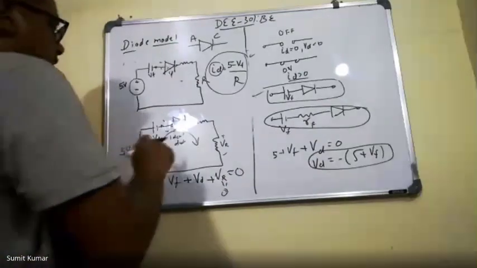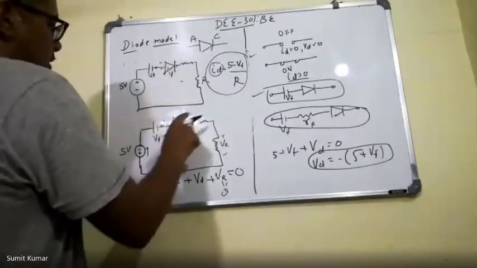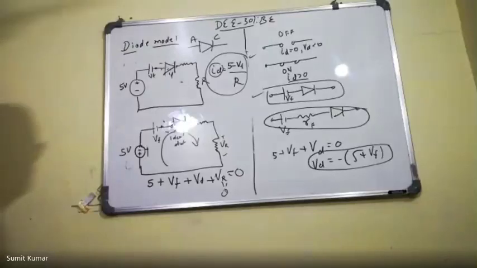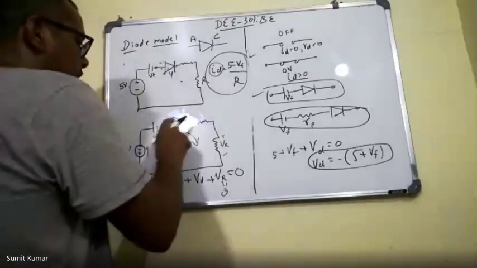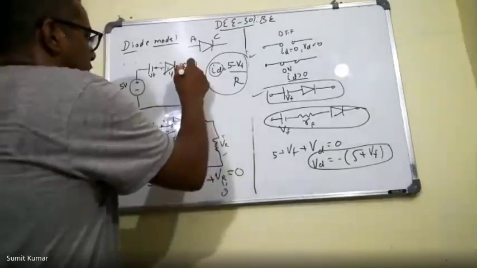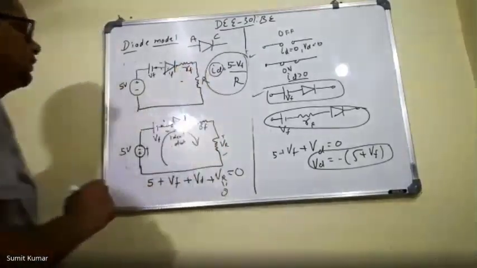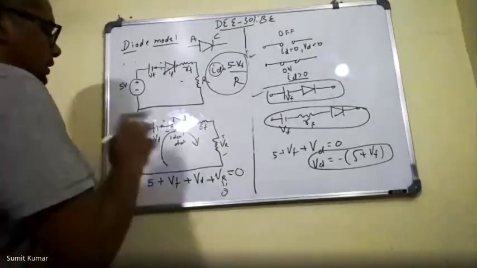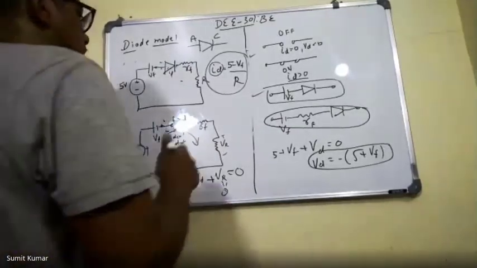Again, we will analyze the situation. Here we have replaced the diode which was present in our circuit with the VF and a resistor RF having a small value, and this value will be given in the numerical if it is asked in some question. Okay, so now again we will try to do some analysis.